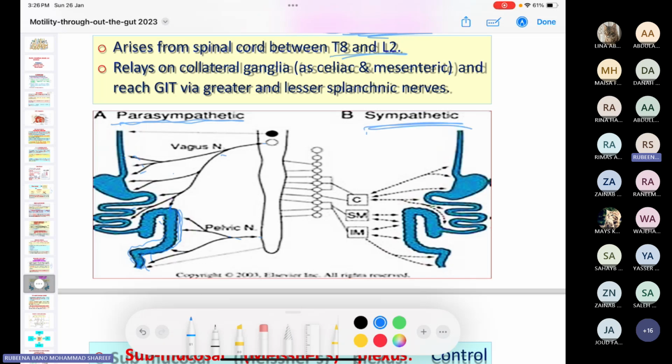Sympathetic supply comes from T8 to L2, as I told you, from here. And it will also supply the esophagus, the stomach, small intestine, large intestine, right? But it relies on collateral ganglia as celiac and mesenteric ganglia, okay? And reach GI via the greater and lesser splanchnic nerves.